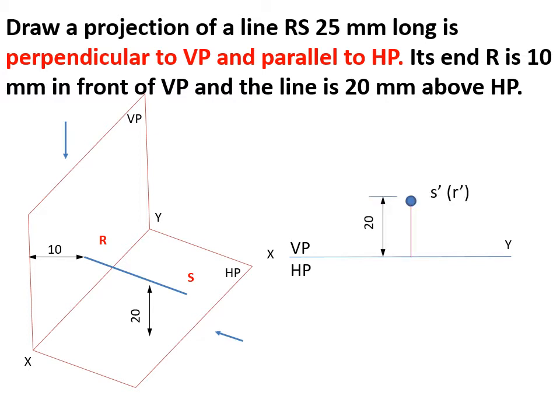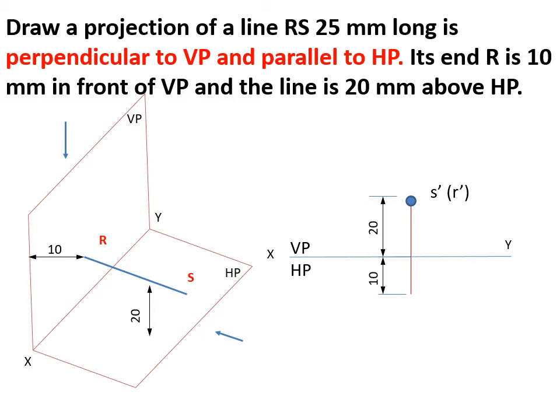Point S is 20 mm above HP. S alone is visible from the front view; R is hidden.